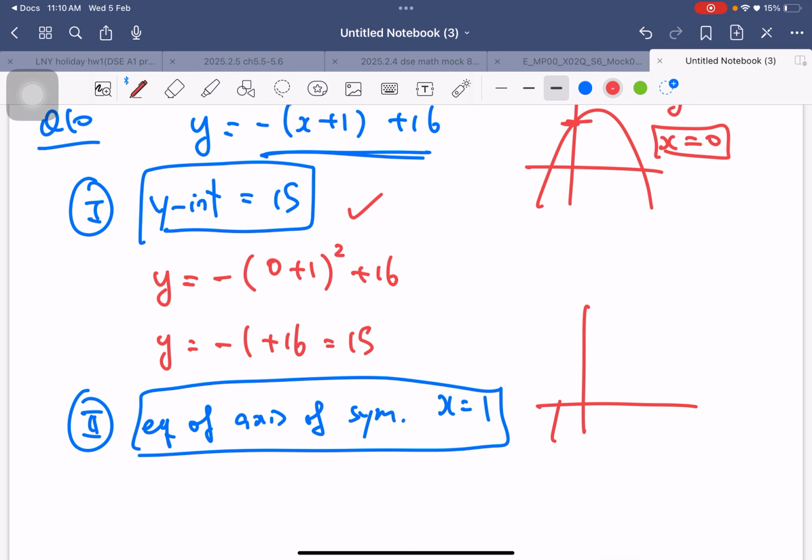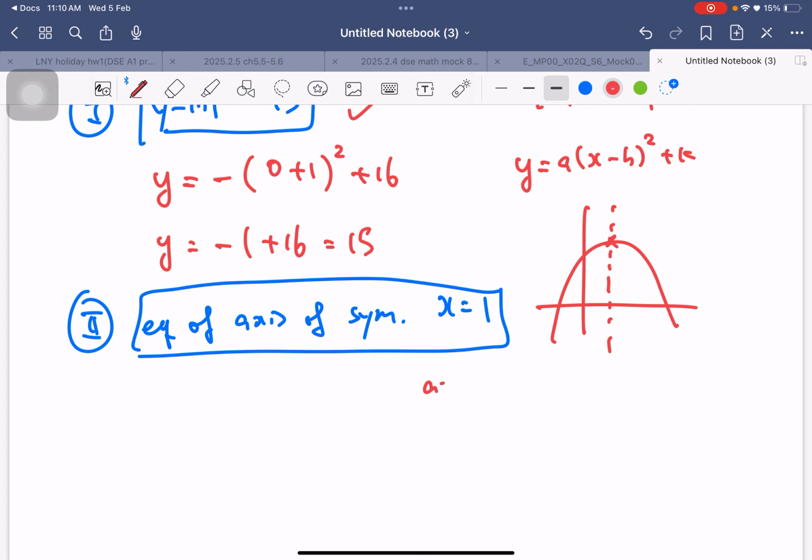The line passing through the vertex point. If we have y is equal to a times (x minus h) squared plus k, then the axis of symmetry is x equal to h. Okay? If you say okay, then you need to remember.